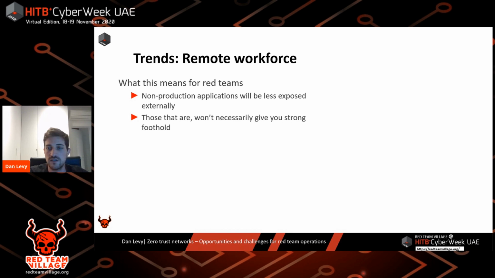First of all, because they're not necessarily exposed externally. And if they are, the fact that they've been lifted and shifted to the cloud makes the hack a little bit more complicated, in the sense that if you own a server that's in the cloud, you don't necessarily have foolproof access to the internal network.